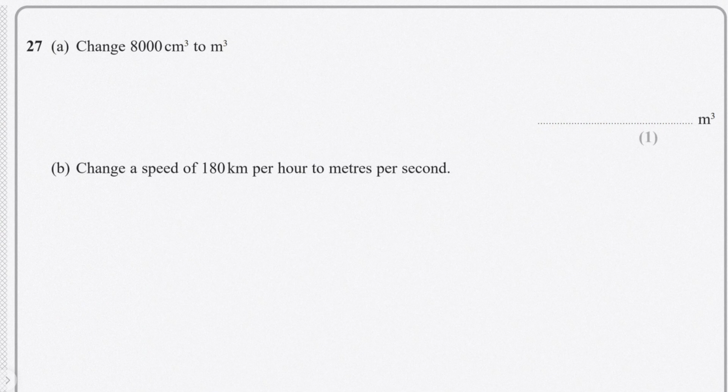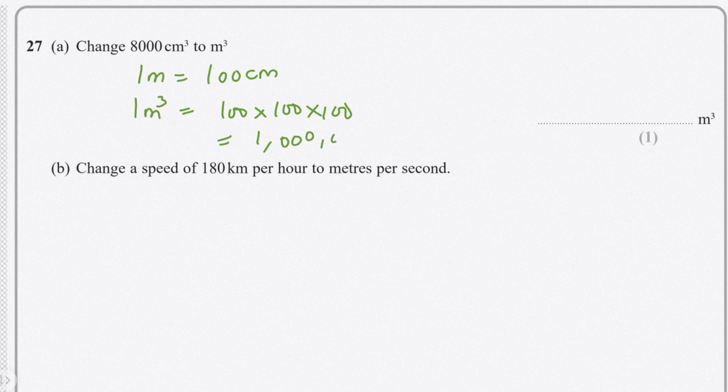Change 8,000 centimeter cube to meter cube. We know that 1 meter equals 100 centimeters. So 1 meter cube is 100 times 100 times 100, which is 1 with 6 zeros centimeter cube.